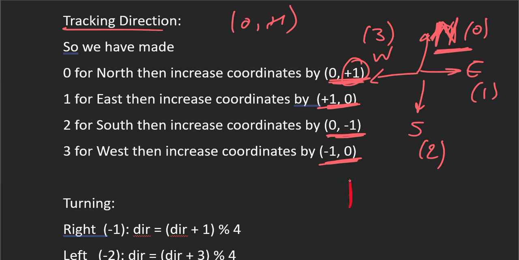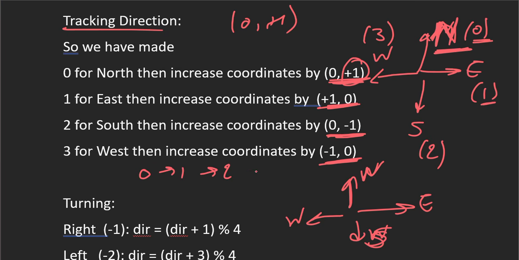Now if I am moving in north and I turn right, where will I go? East. From east turning right, I'll go to south. From south turning right, I'll go to west, right? So if you notice, every time we turn right, our index increases by 1, that is from 0 to 1, then 1 to 2, then 2 to 3, and 3 again to 0. That means if we are turning right, our direction will be direction plus 1 modulo 4, right?